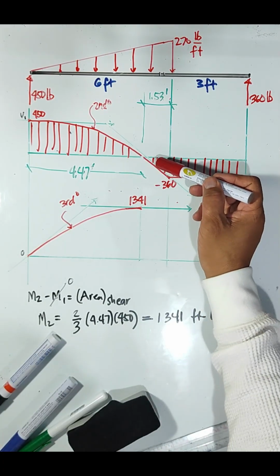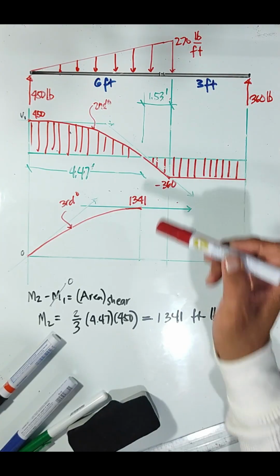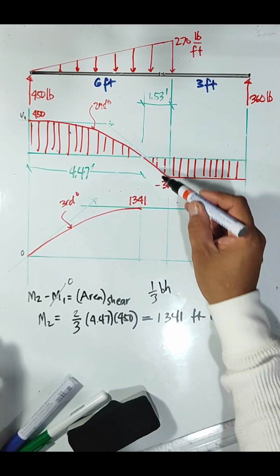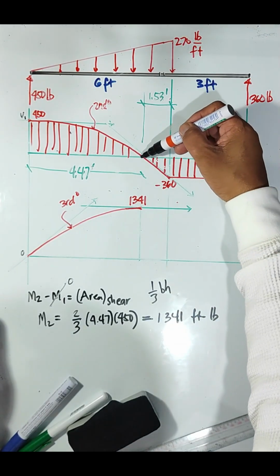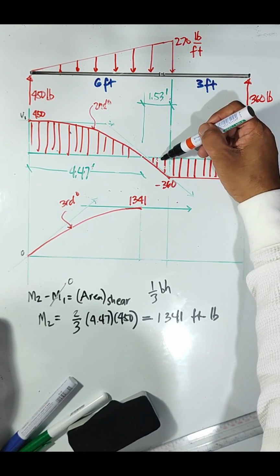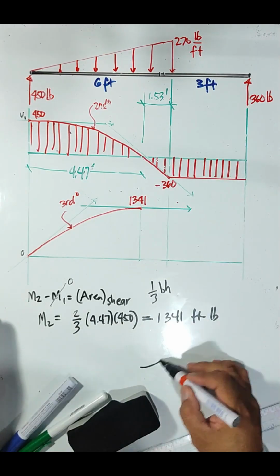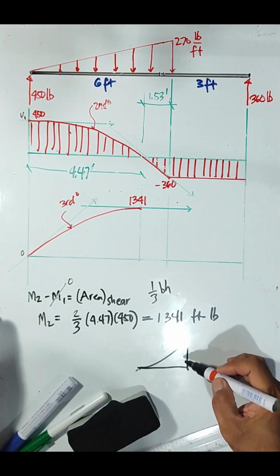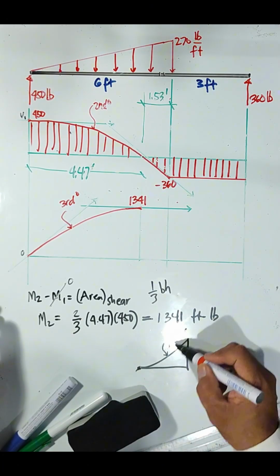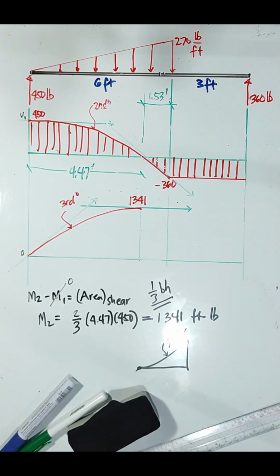So for this area, we cannot use 1/3 BH here. Why? Because this line is not tangent at this point here. For a spandrel, one of the bases should be tangent to the curve. So this should be tangent here.